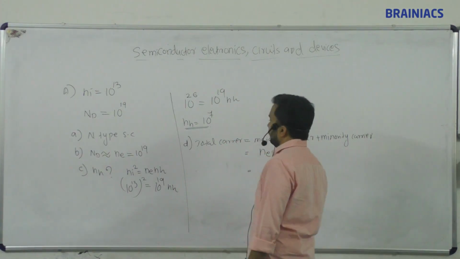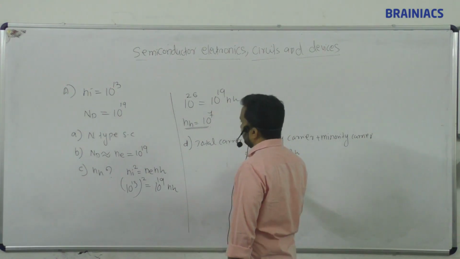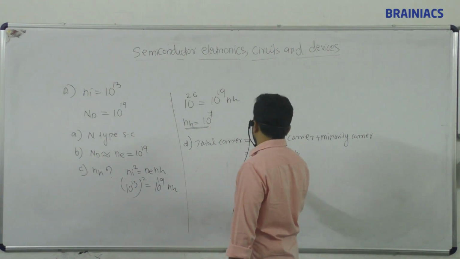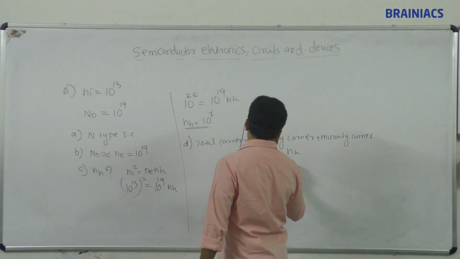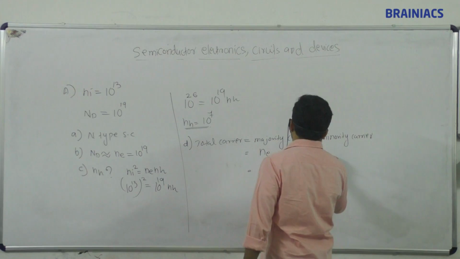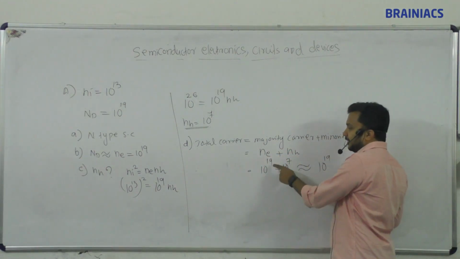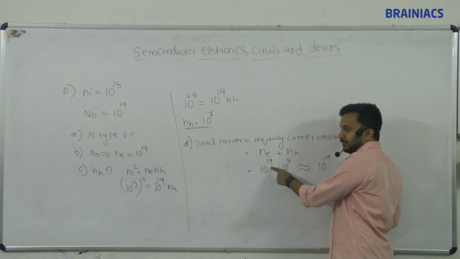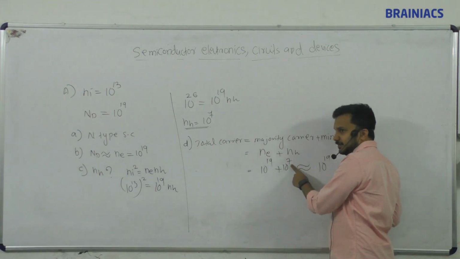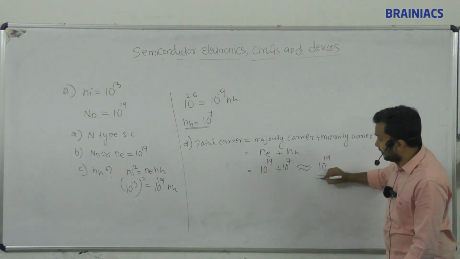Number of electrons is 10 power 19, and holes are 10 power 7. So write it as 10 power 19, because 10 power 19 is very high compared to 10 power 7. So approximately 10 power 19 you can write, or you can solve it also, no issues.